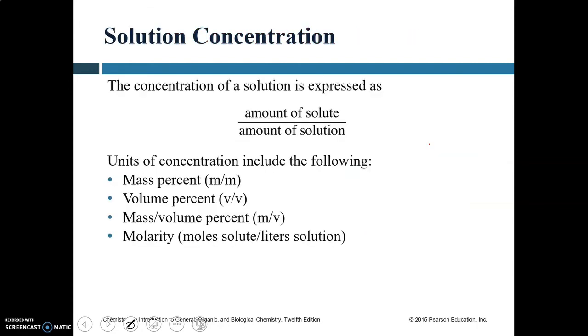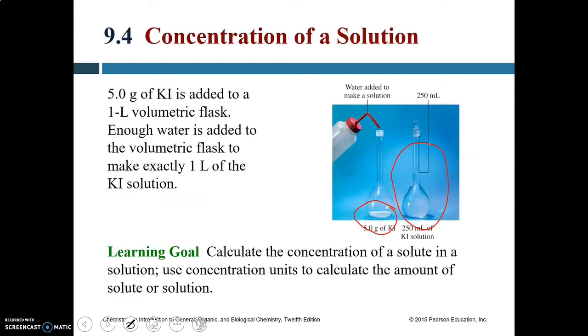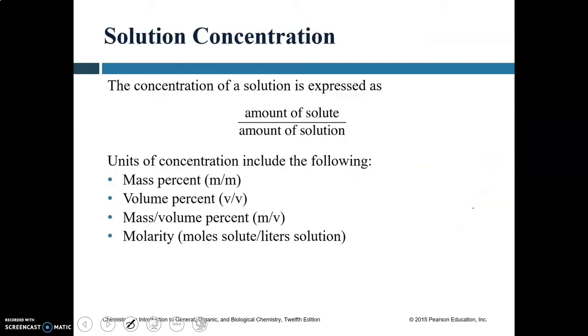The concentration will be expressed as, for example, mass of potassium iodide over the final volume of the solution. So generally speaking, the concentration is expressed as amount of solute divided by the amount of the solution. Concentration can be mass percent, volume percent, mass volume percent, and molarity.